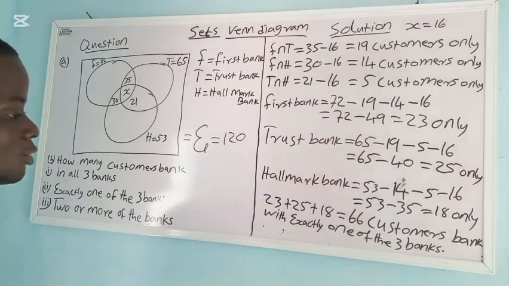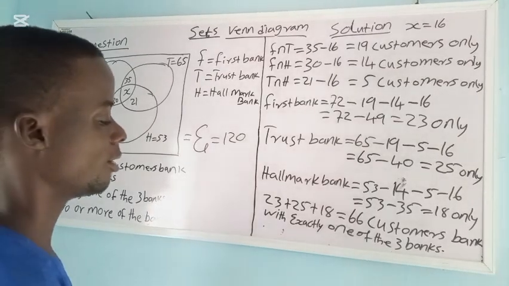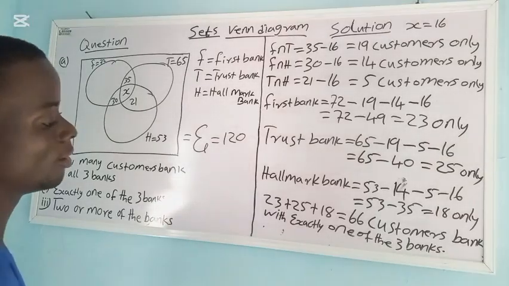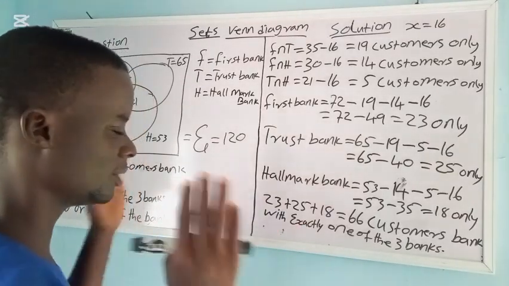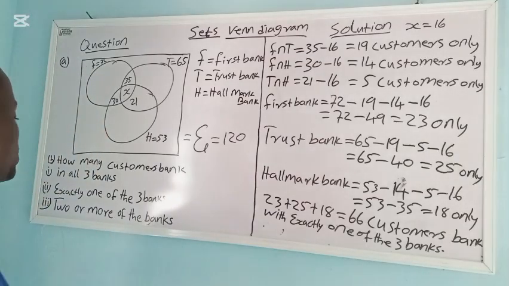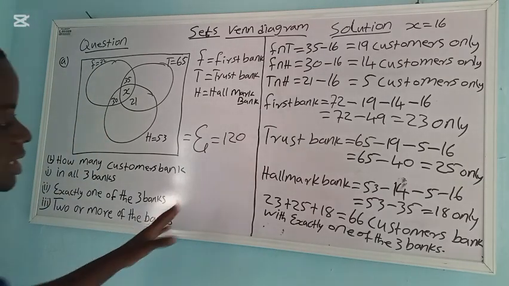So you have 66 customers bank with exactly one of the three banks. Exactly one of the three what? Banks. We have only what? Only 66 customers.